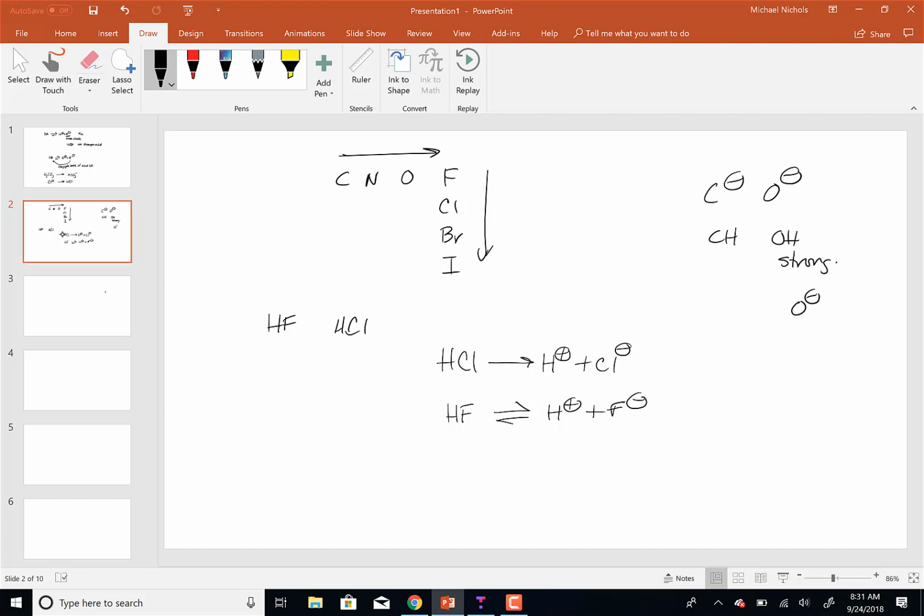So the O minus versus the C minus, that's now stronger. So there's also a relationship between acid strength and conjugate base strength. The stronger the acid, the weaker the conjugate base.